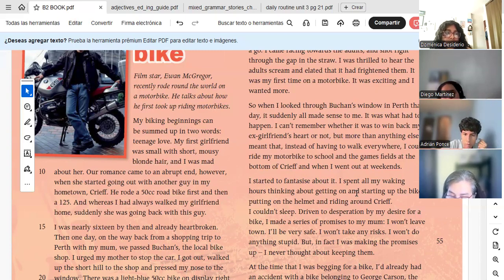But more than anything else, it meant that instead of having to walk everywhere, I could ride my motorbike to school and the games fields at the bottom of Grief. And when I went out at the weekend.